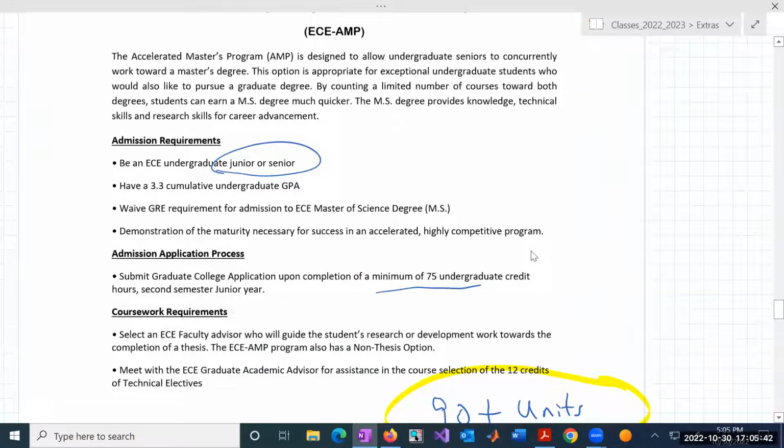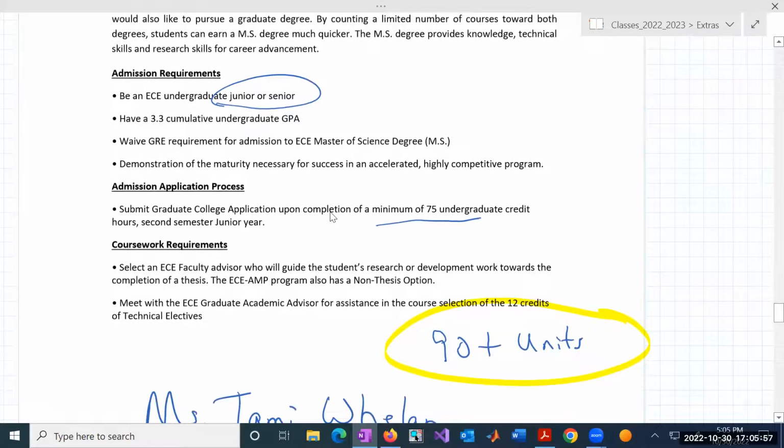If you're interested in the AMP, you need to be thinking about that very seriously as a junior. You need to have a cumulative GPA of 3.3. The GRE, the Graduate Record Exam, is waived in terms of your admission to the MS program.